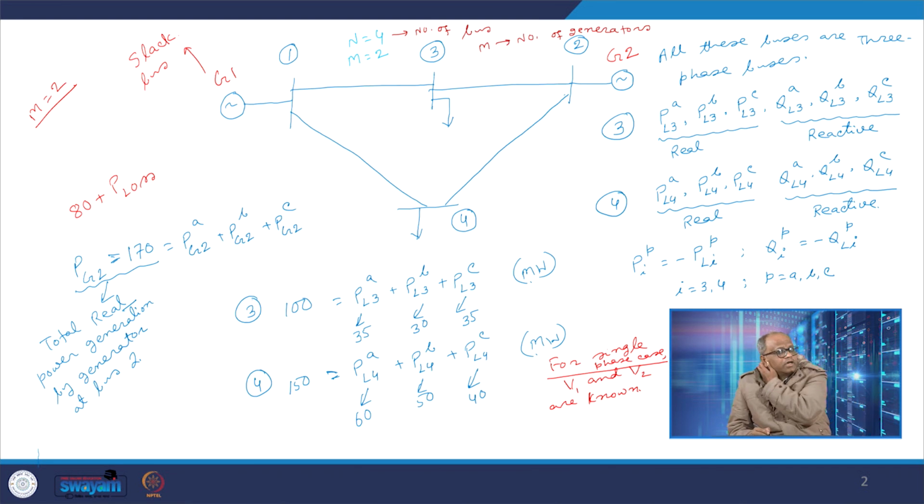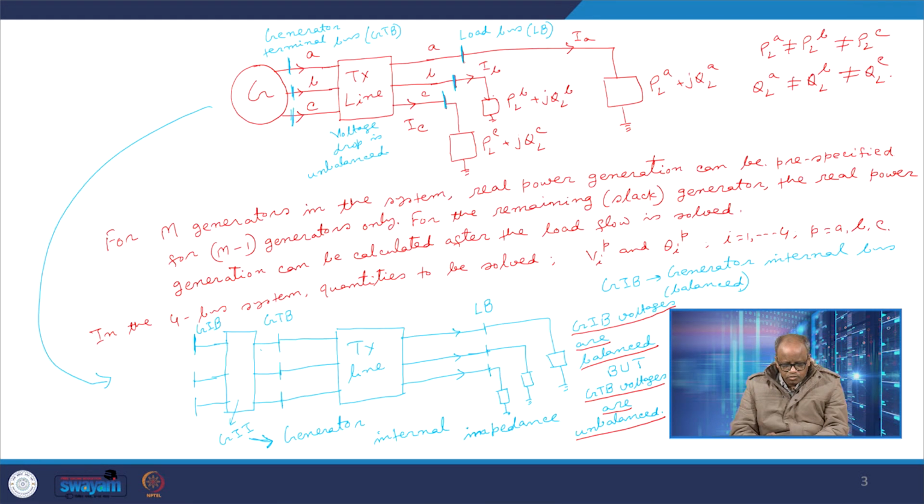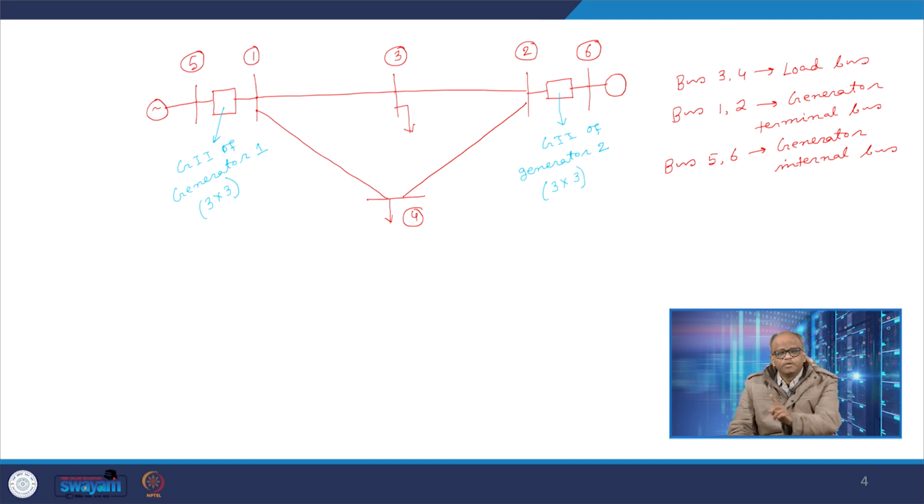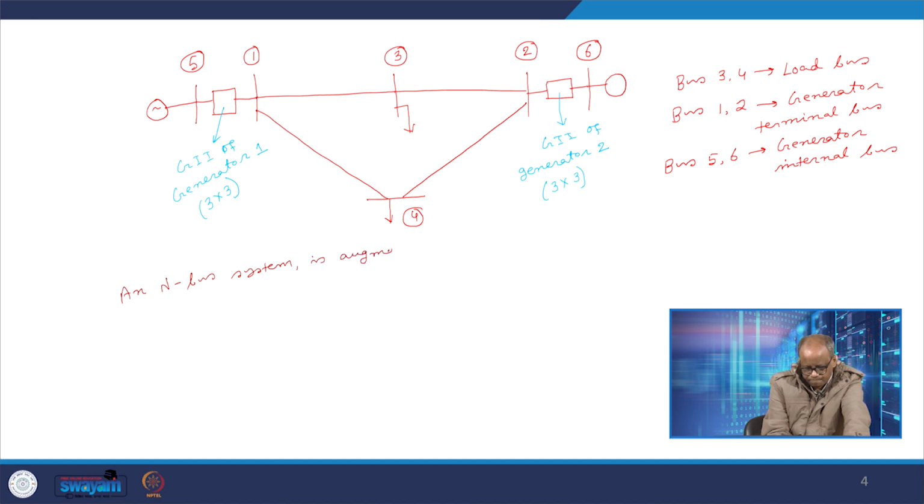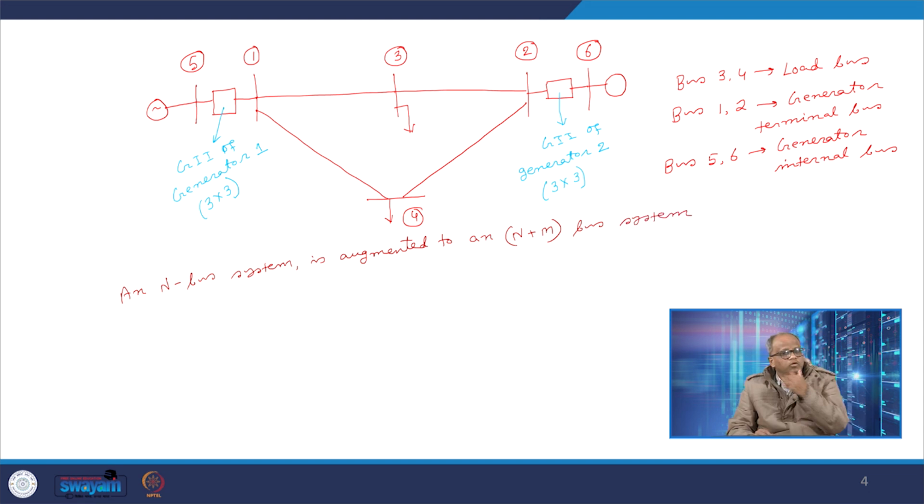When we have n buses and m generators, the system is augmented into an n plus m bus system. What are these extra m buses?